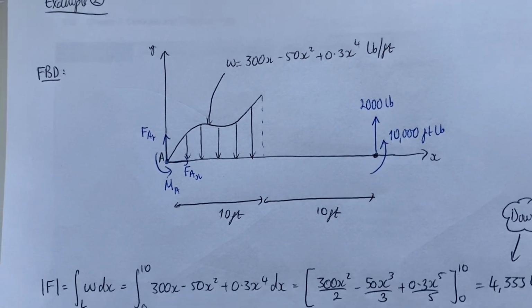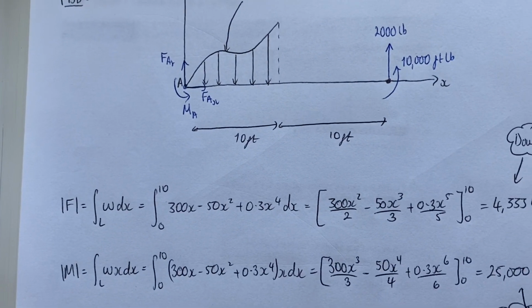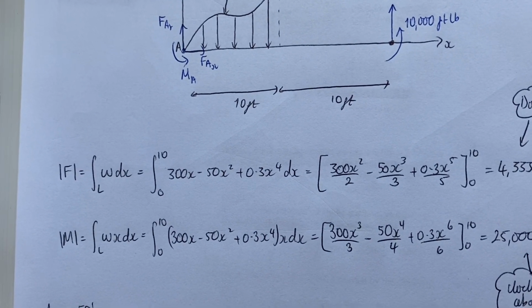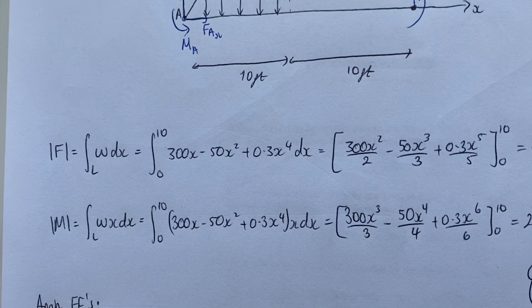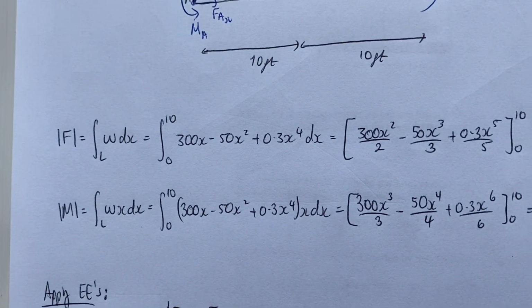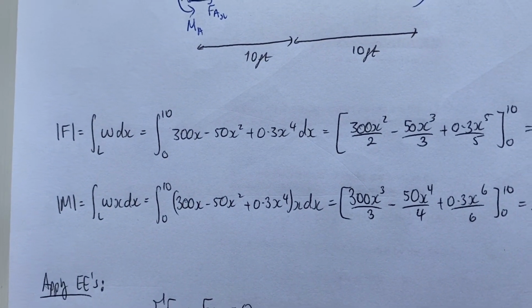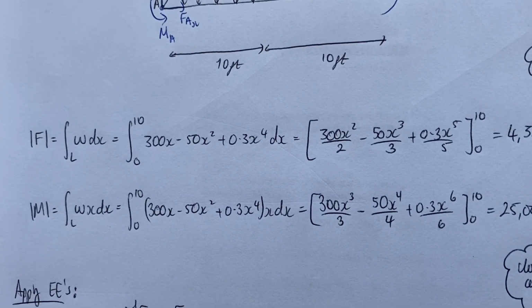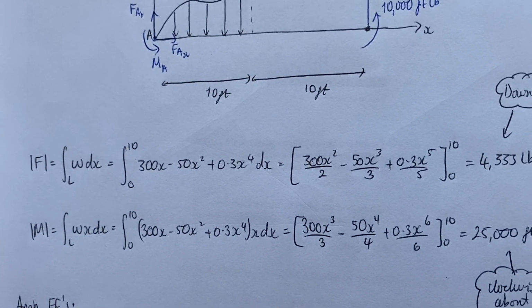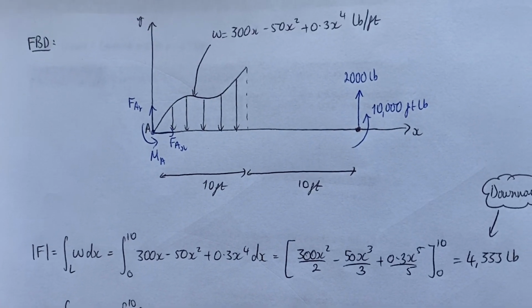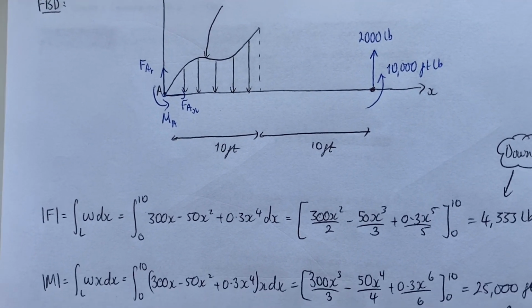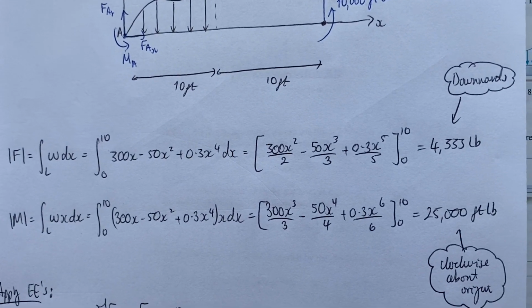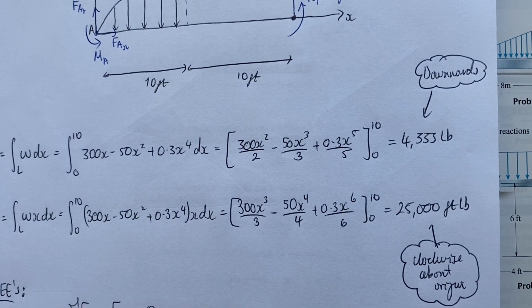So the next step is to find the magnitude of the force and the moment due to the distributed load, and we do that by applying these integral equations. So again, I've just plugged in the equation of the loading curve into these integral equations, and I should get the following answers.